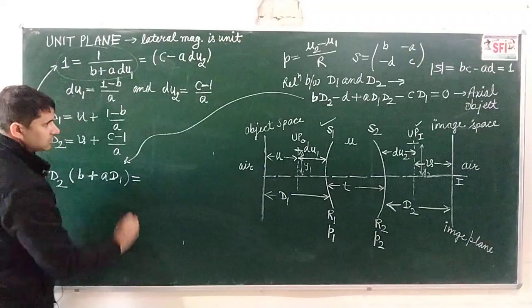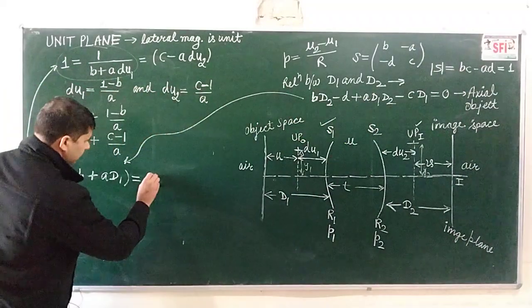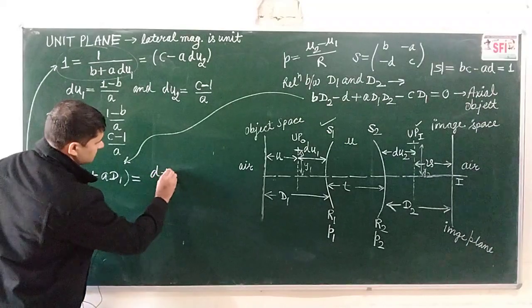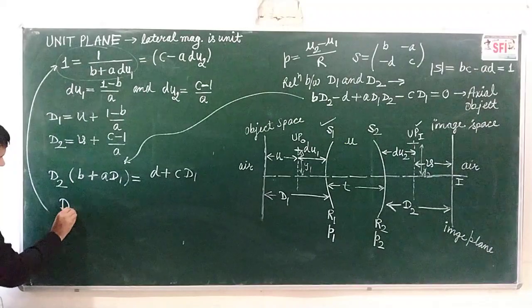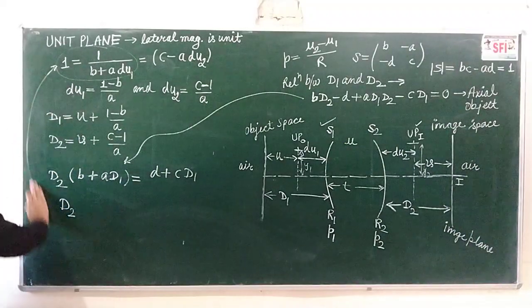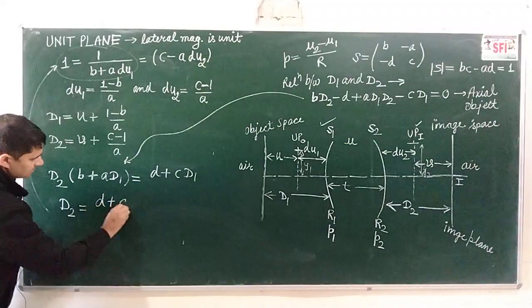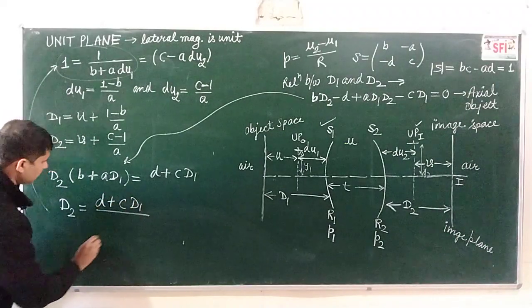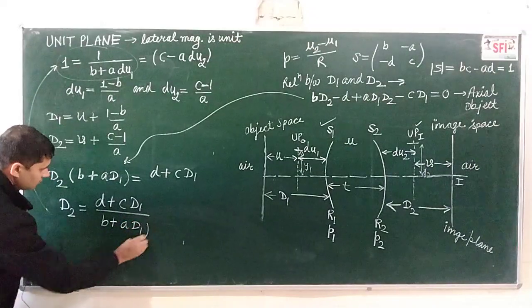Take both negative terms on the right hand side and you will get D plus C D1. From here you will get D2 equal to D plus C D1 divided by B plus A D1.